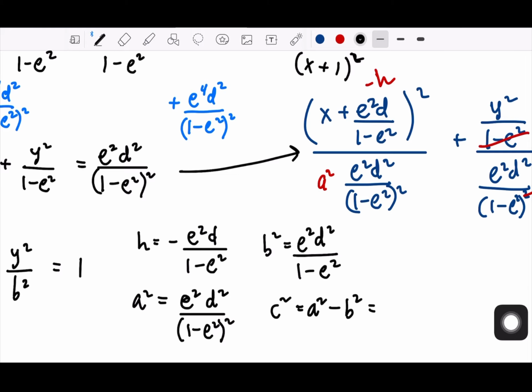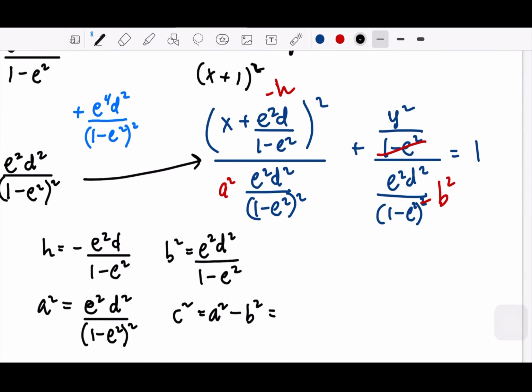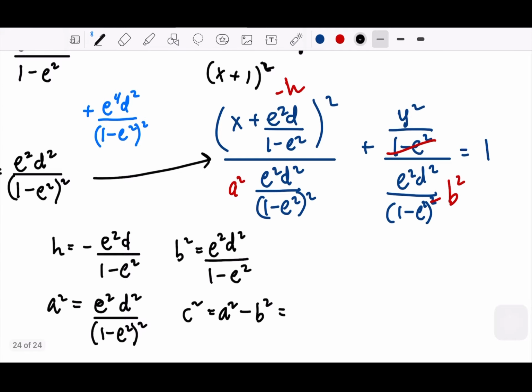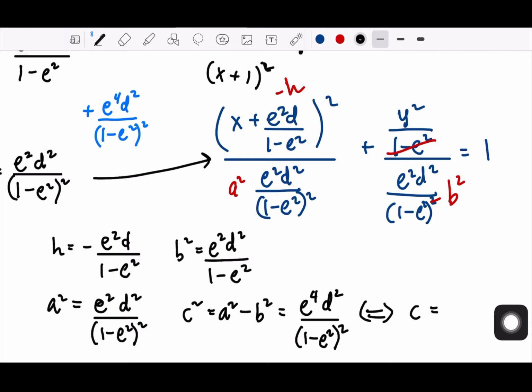And from the look of the equations, we can take A squared minus B squared, and it will be equal with E to the power 4 D squared divided by 1 minus E squared squared, which means that this is actually similar to our H squared, right? Oh, sorry, this should be squared. Or we can say that our C is equal with the minus H.